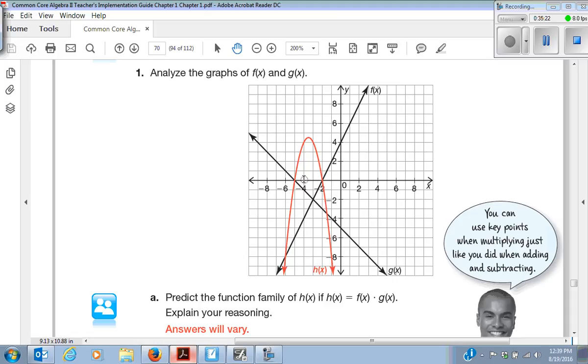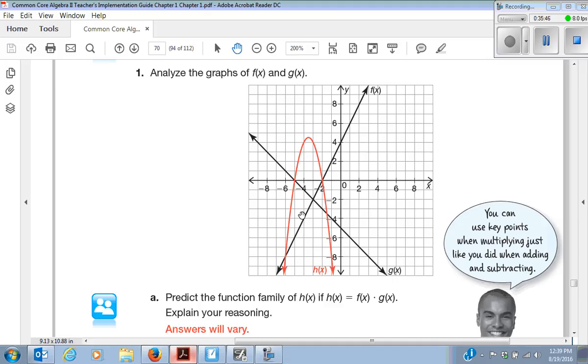Where x is 4, what's the y value on this one? What's the y value in this one? Negative 1. What's the y value here? And negative 1 times negative 4 is a positive 4. Do you see how on the red, which is my new one, if I go over to negative 4, they went up to 4?